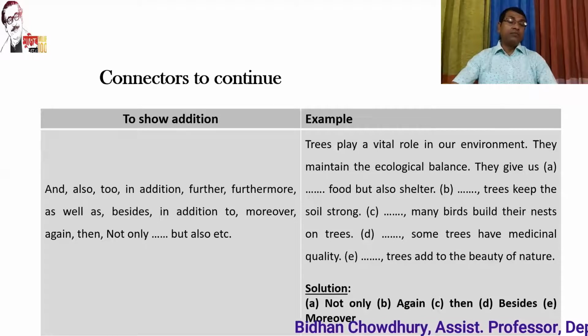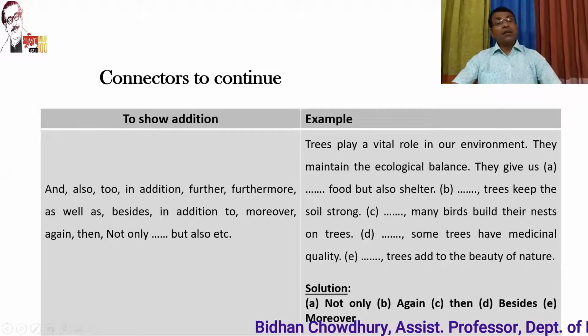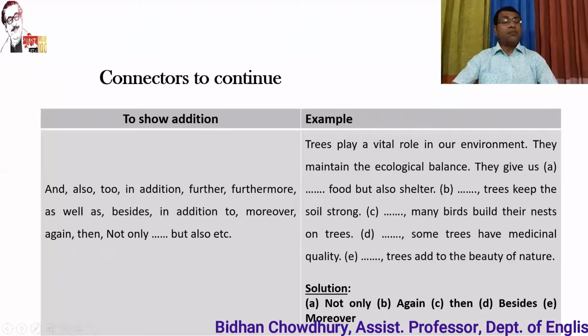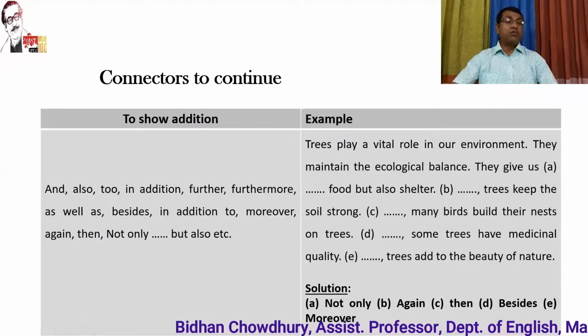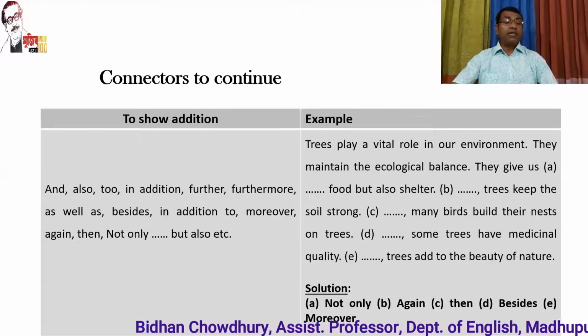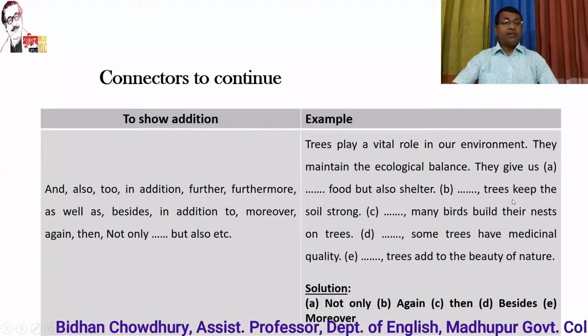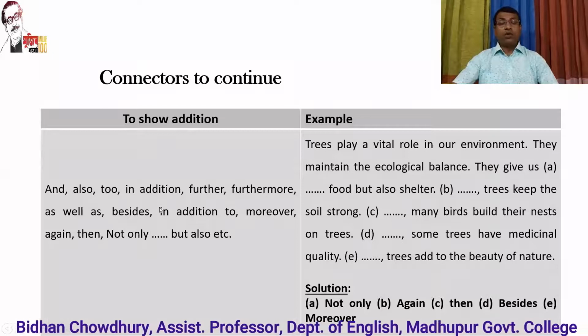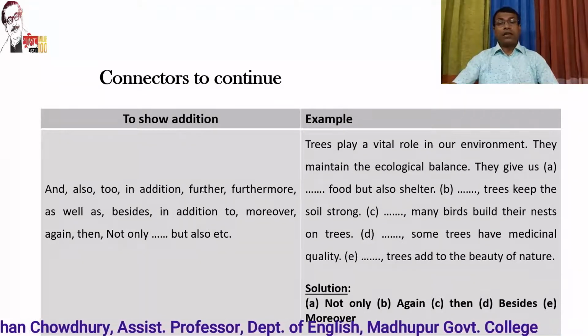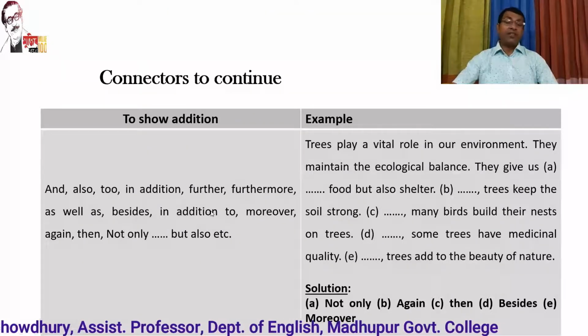So all the sentences are giving us the same type of information, the good sides or the benefits that trees offer us. So here in this gap, we may use all types of connectors as shown in the left hand side of the table.